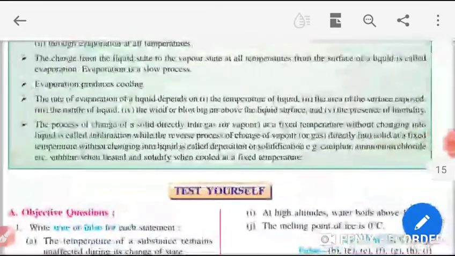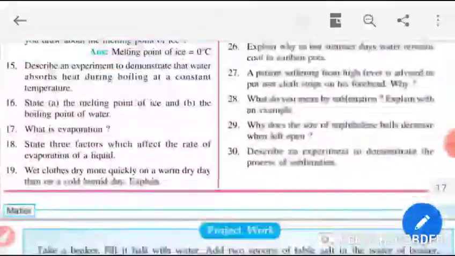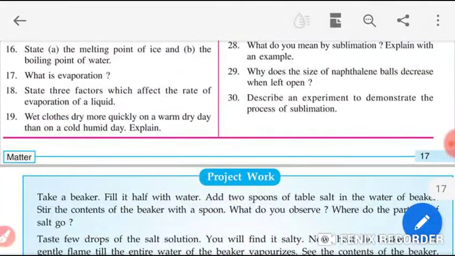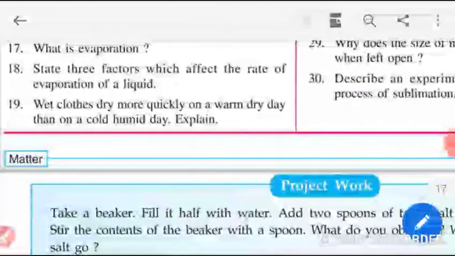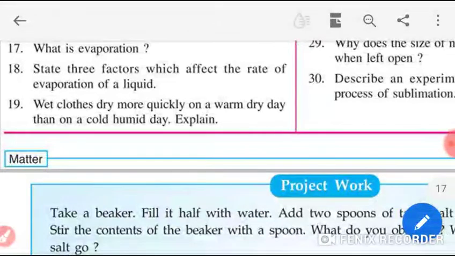Okay. Now come to question number 19. Wet clothes dry more quickly on a warm dry day than on a cold humid day. Explain. Students, I am dictating this answer, so please write it.